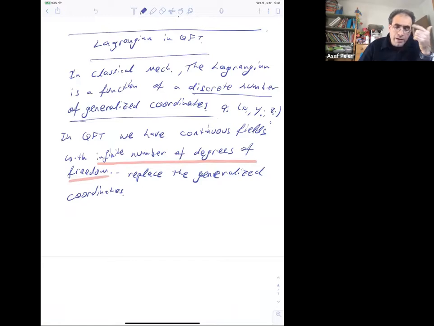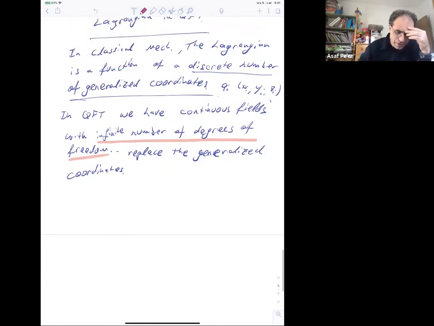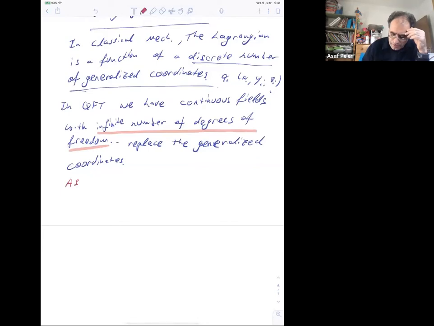So as opposed to classical or even quantum mechanics, in quantum field theory, the dynamical degrees of freedom are the values of the field at every point. You write it down because this is the key point, which can be quite confusing.